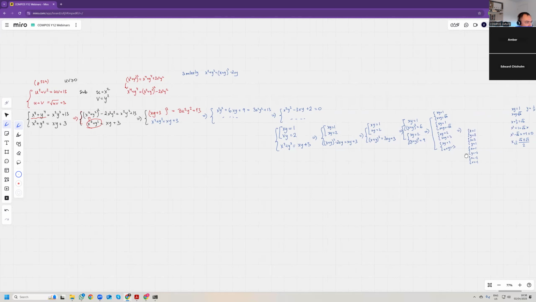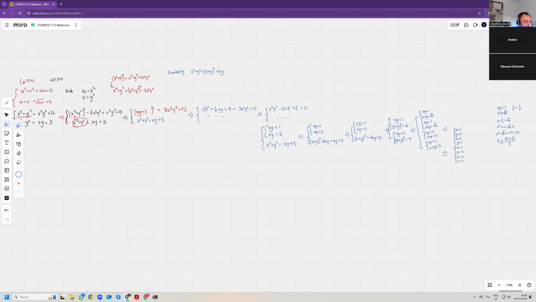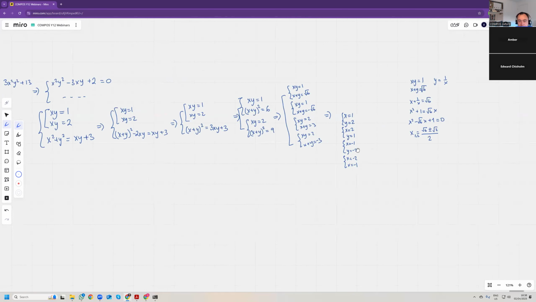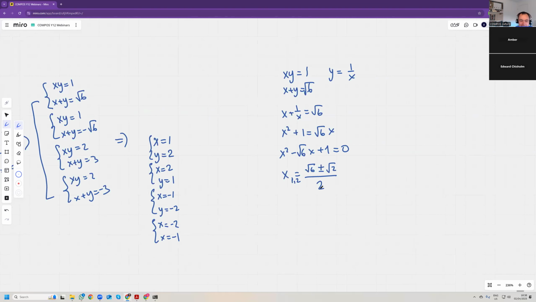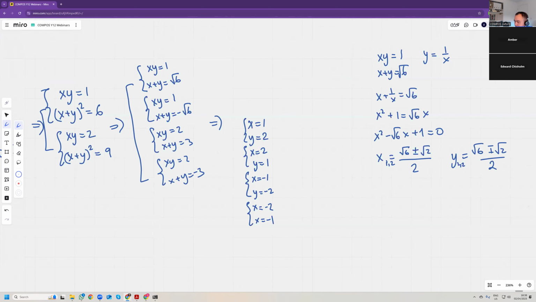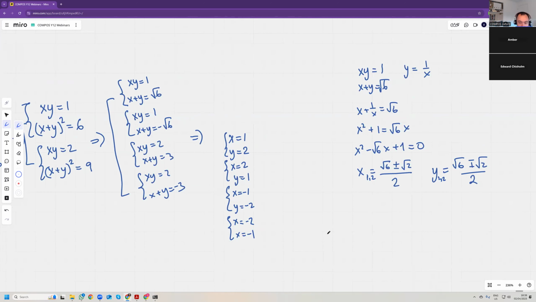It doesn't matter whether x is positive or negative because u is x squared. And finally, we reverse substitute.